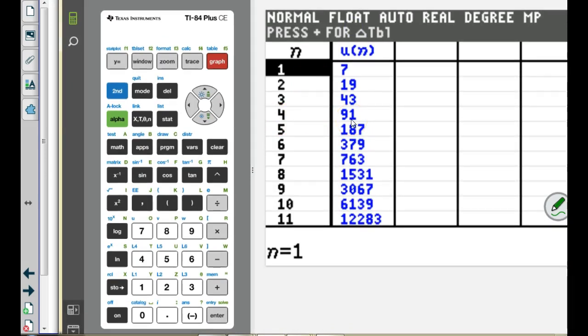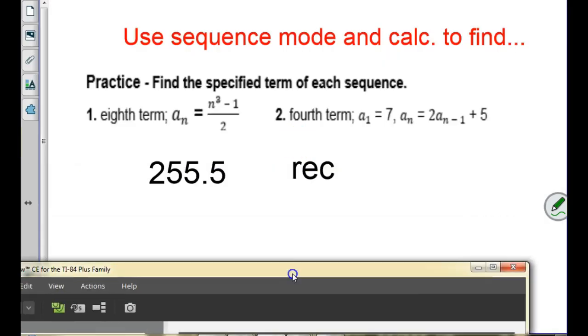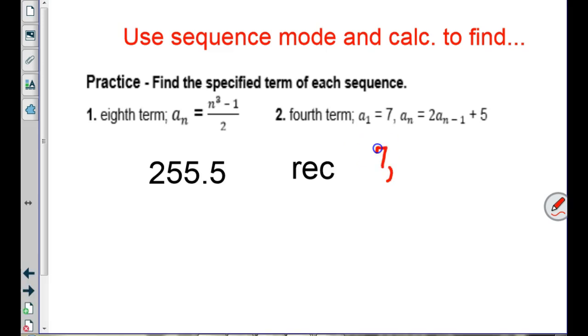Yes? Anybody having trouble? Okay. Because it only wants the fourth, I mean, if it wanted the 22nd term, I would do what we just did. But because it only wants the fourth term, I would have just put down 7 and then put the 7 in here. That would have been 14 plus 5 is 19.